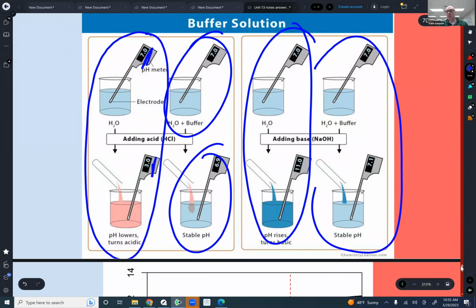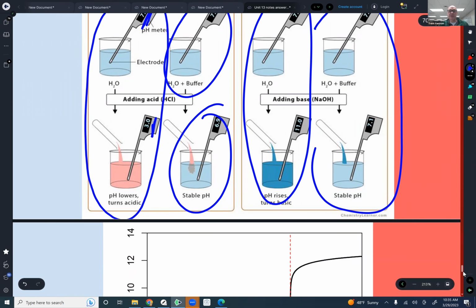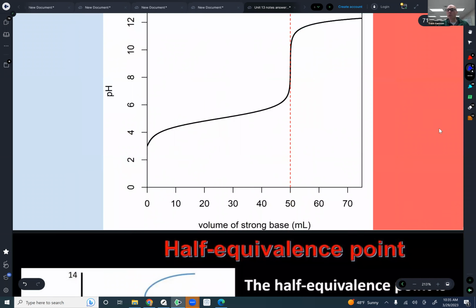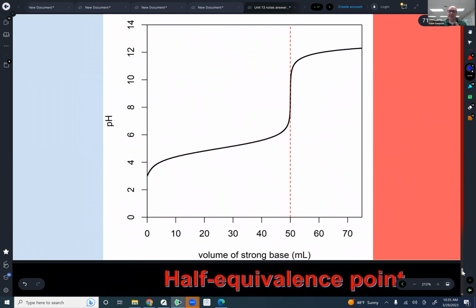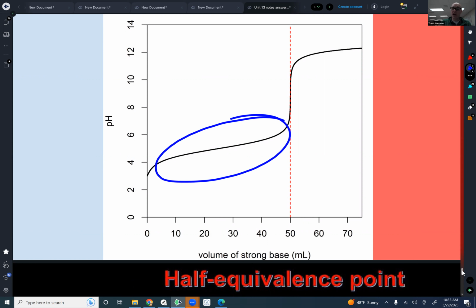So here's what it's going to look like whenever we graph this. Before, whenever we had a pH titration curve, we had this same straight up. But what we didn't have is this longer amount of time, as well as an increased amount of base that you were having to add, because it continues to consume it.